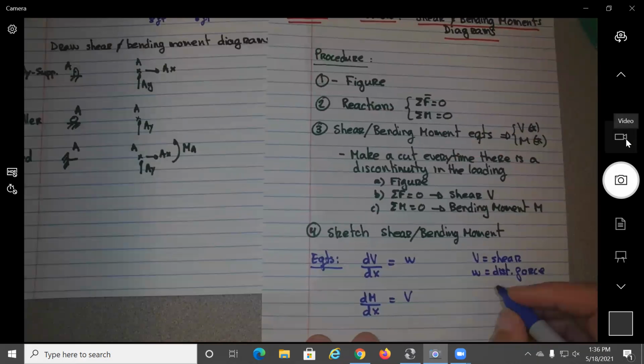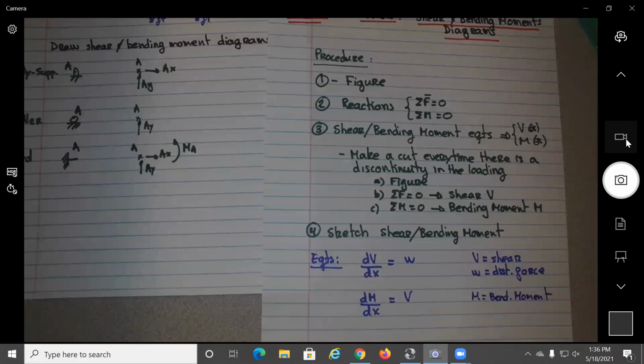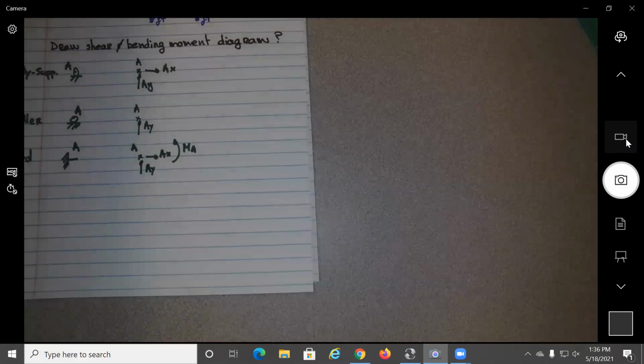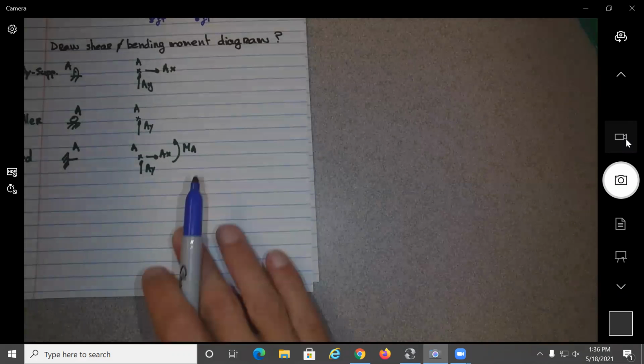So let's say here M will be the bending moment. Okay, and that will be it. So first step, do a figure. Second step, do the reactions. And then find the shear and bending moment.